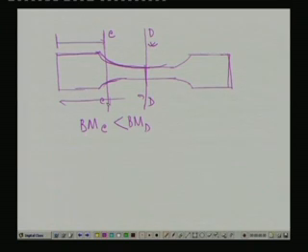Thereby, with the introduction of the fatigue stress concentration factor in the equation just discussed a few minutes back, we can expect that this C could be a critical section.